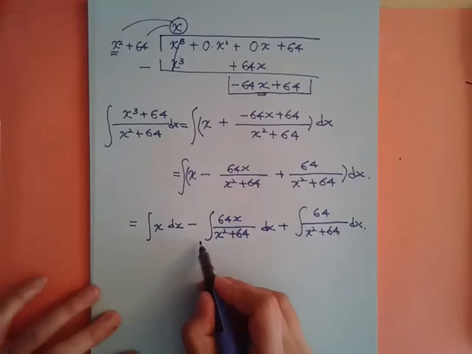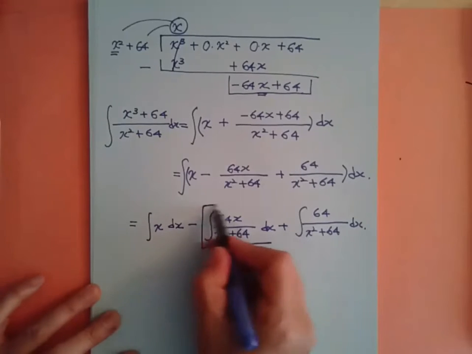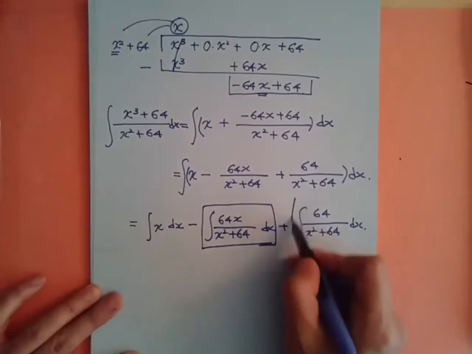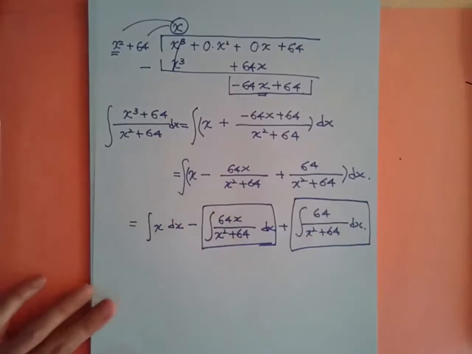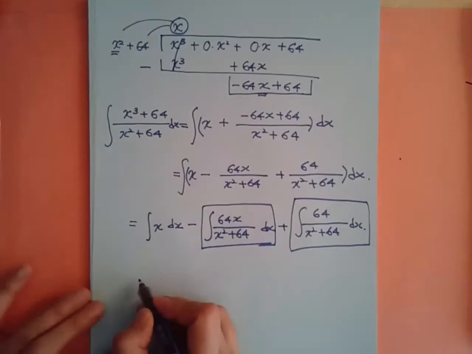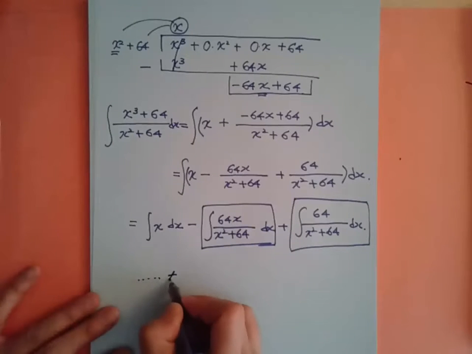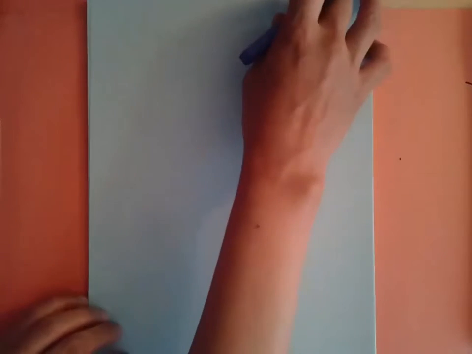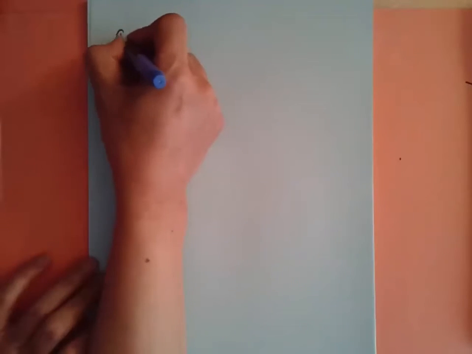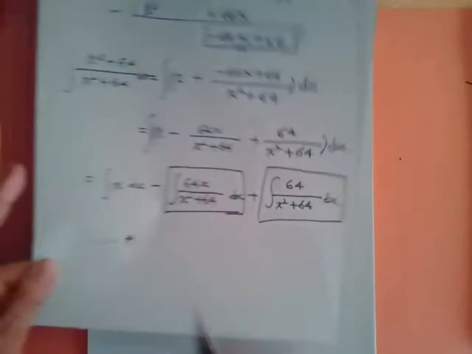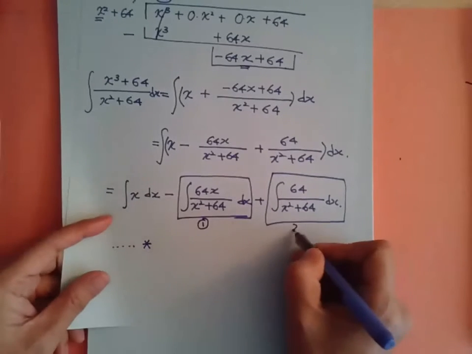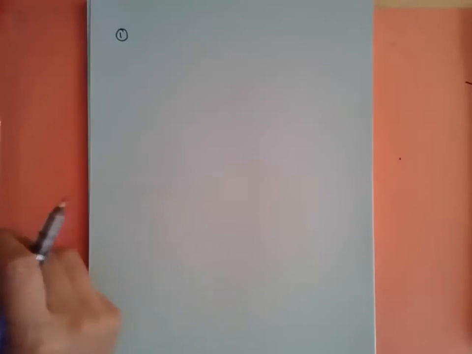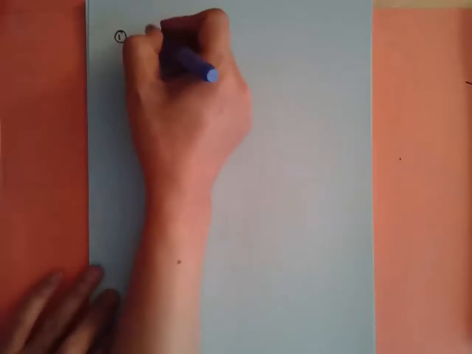This part and this part will be calculated separately, and then we will combine those two. Let's mark that as star. This is the first calculation, this will be the second calculation, and then we will combine all of those.